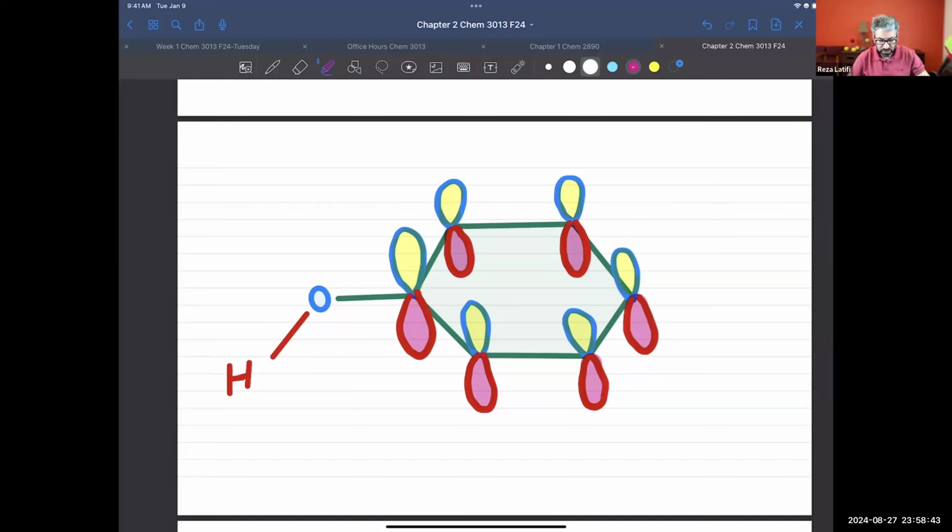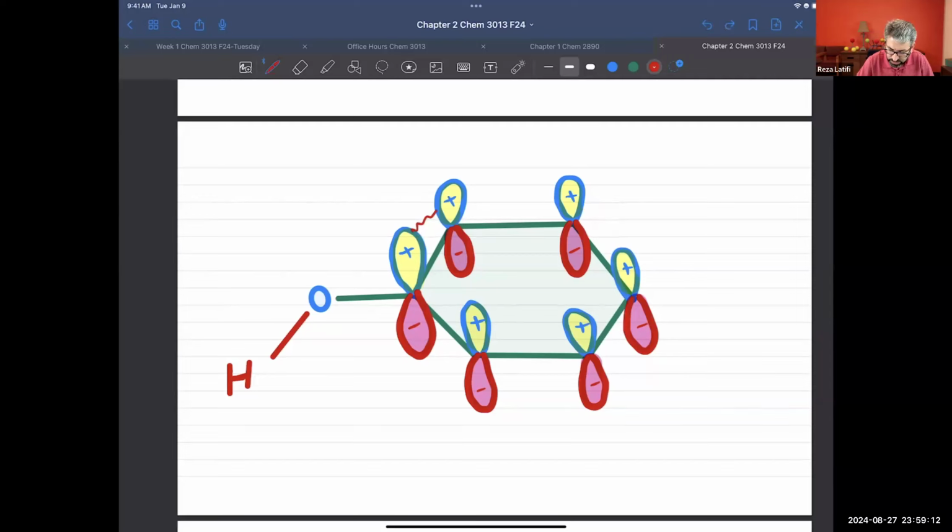Now how do I get a pi bond? Let's assume this is plus, plus, plus, plus, plus, and the bottom ones will be negative. If you attach two positive lobes, they will give you a pi bond. So these two are going to give you a pi bond.